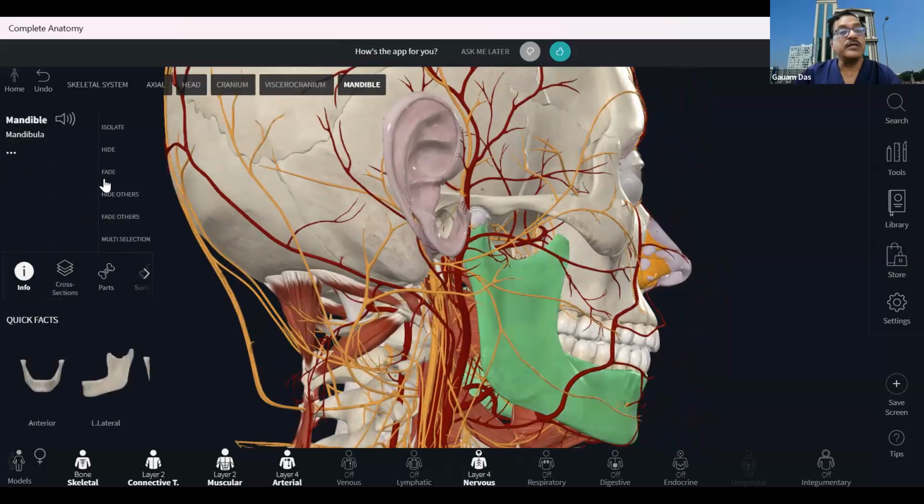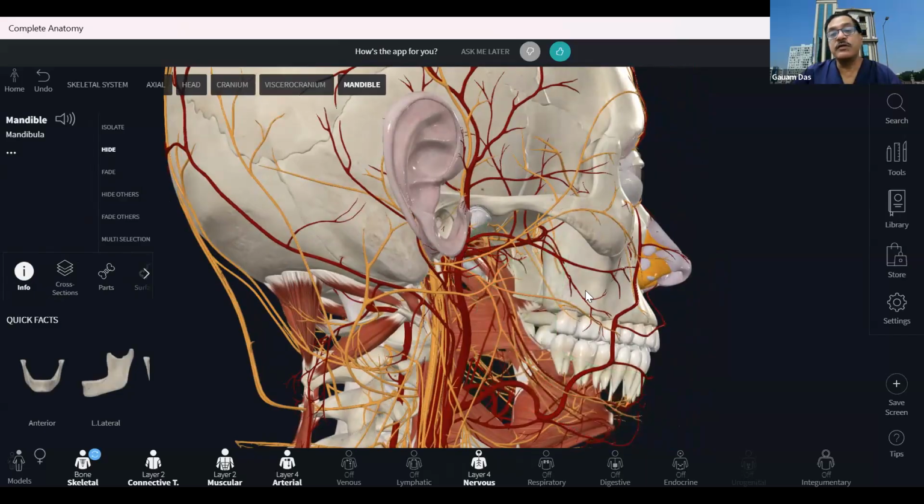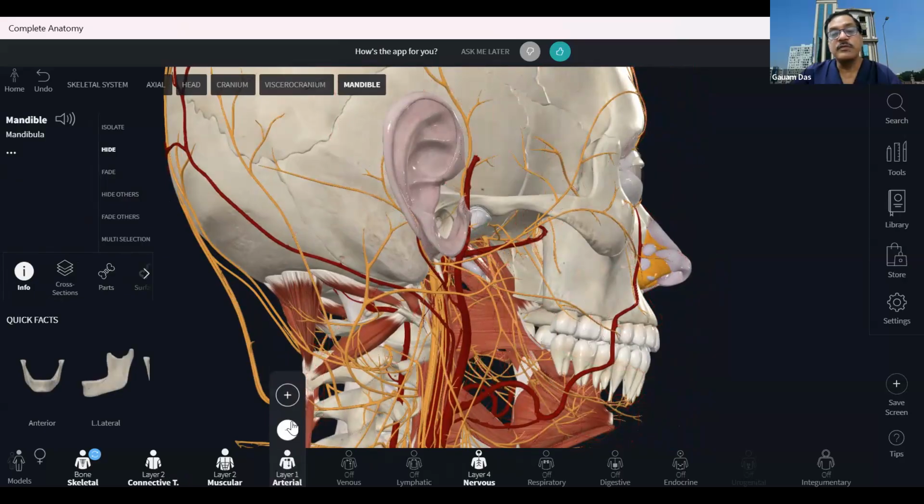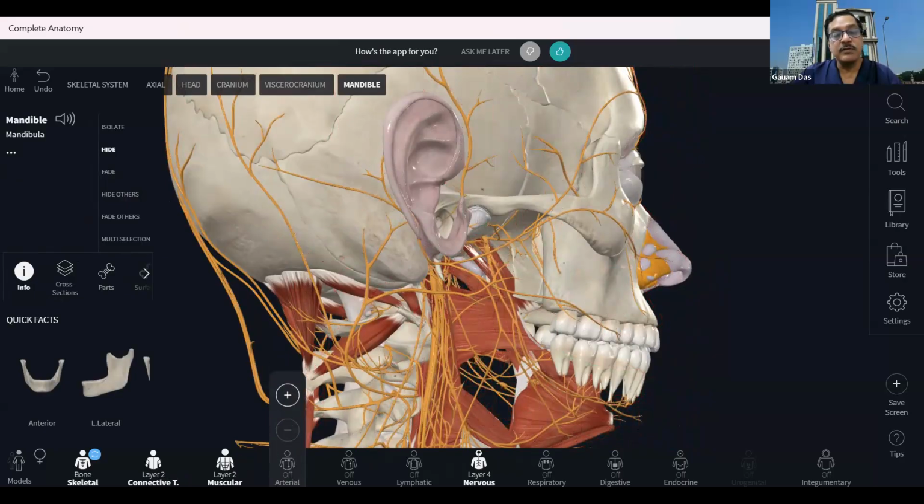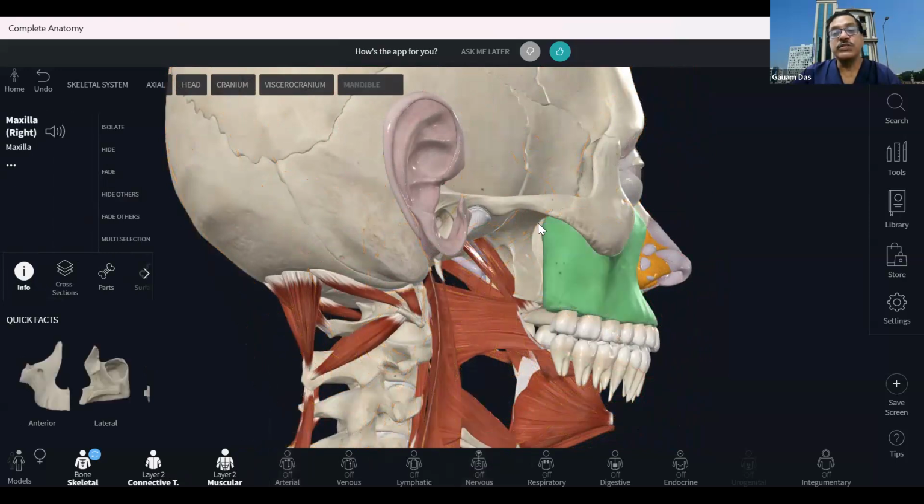So if I am removing that, this fossa, let me remove all the arteries and nerves. Okay, so this is the fossa, the pterygopalatine fossa or the sphenopalatine fossa.